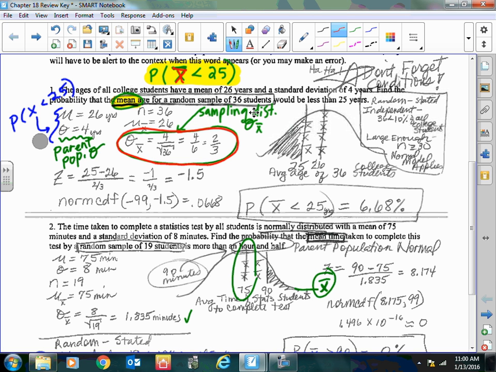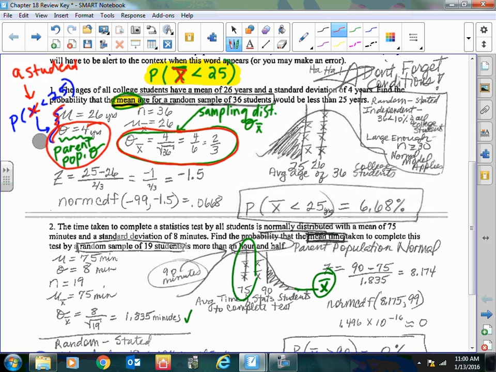This is how you would notate it: the probability that a student is less than 25 years old is just a plain X. And on that one, you would use the population information they gave you: the mean is 26, and the standard deviation of the population is 4 years.